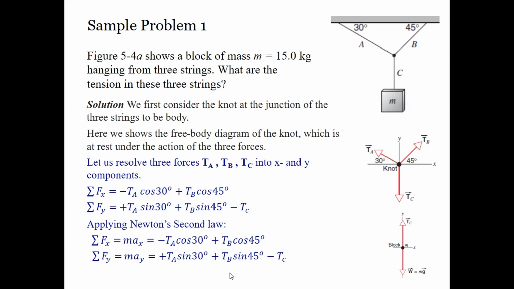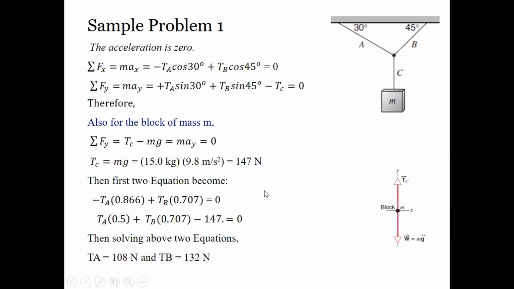Now we can use these two equations further to find out the unknowns. Because the acceleration is zero, this knot is not moving anywhere. Therefore, you can write down this equal to zero and substitute the angles and calculate the values.